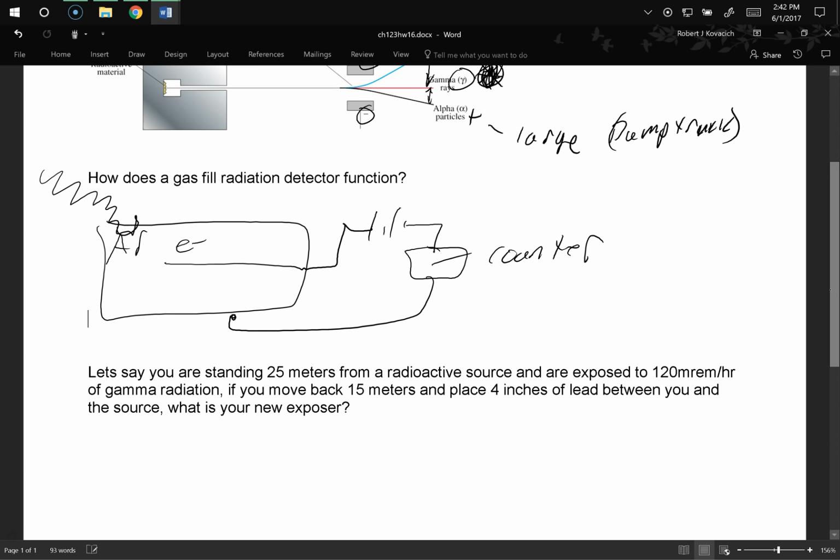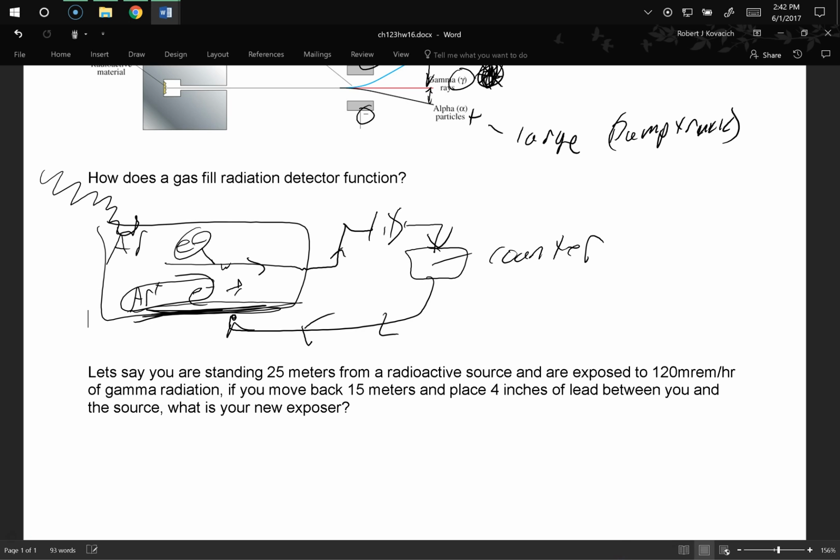That's negatively charged, leaving behind this argon that's now positively charged, which is weird. The electron hits the wire, goes through the wire, goes through the battery, gets counted, keeps going, and now it's at the exterior on this inside wall of this can where it reunites with its long lost argon, turning back into just argon.